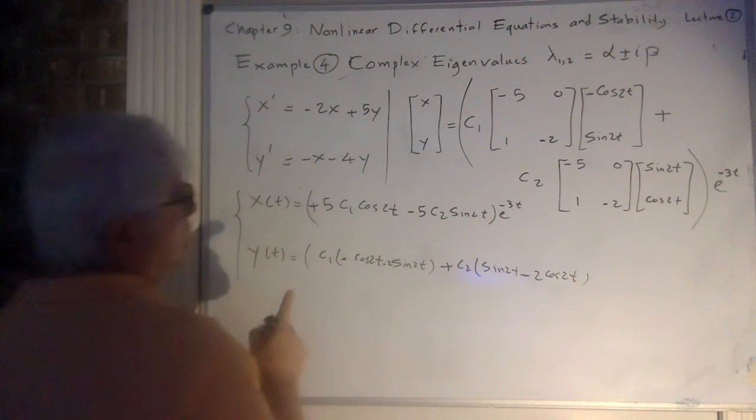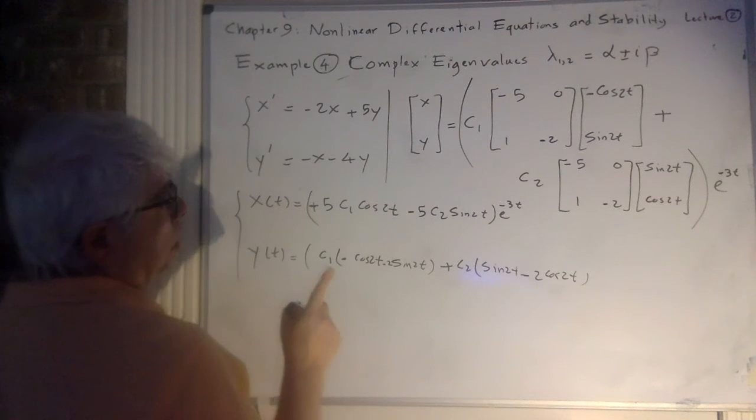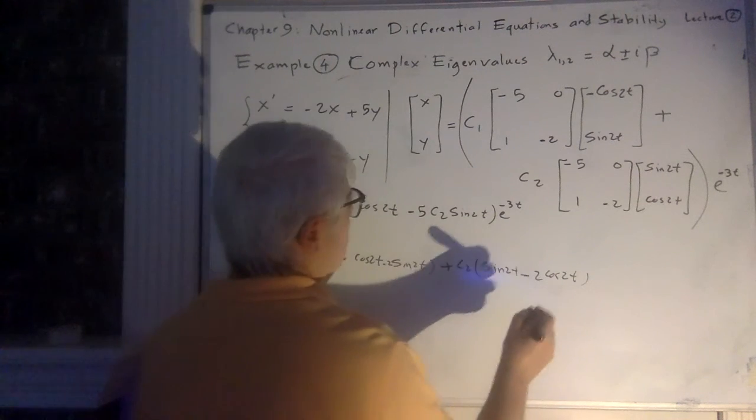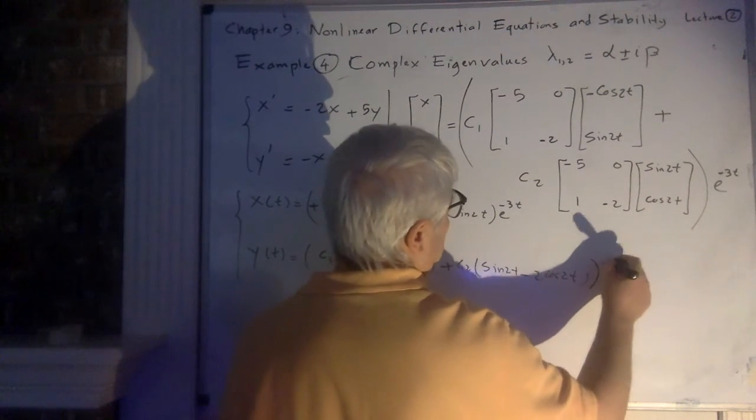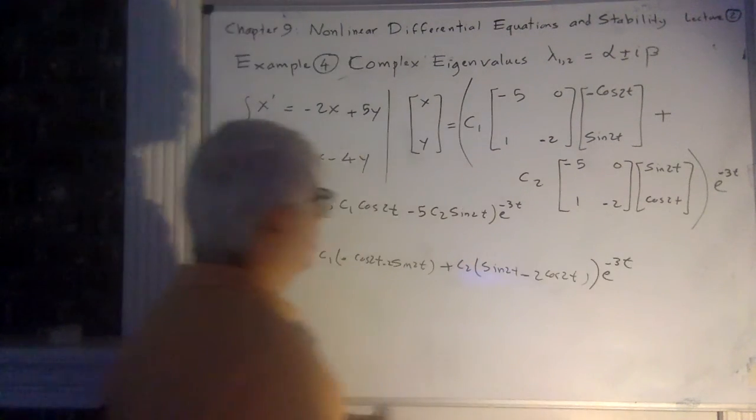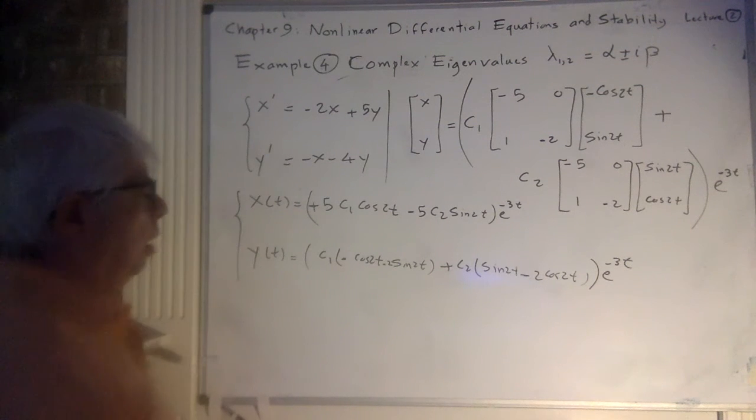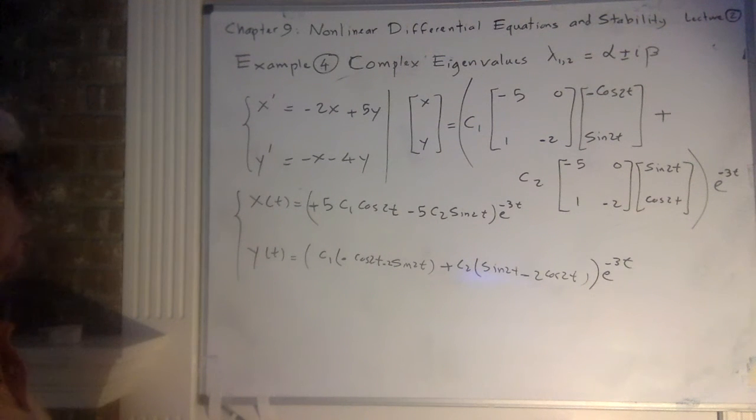And the whole thing is multiplied by e to the minus 3t. Okay, so these are the two solutions.